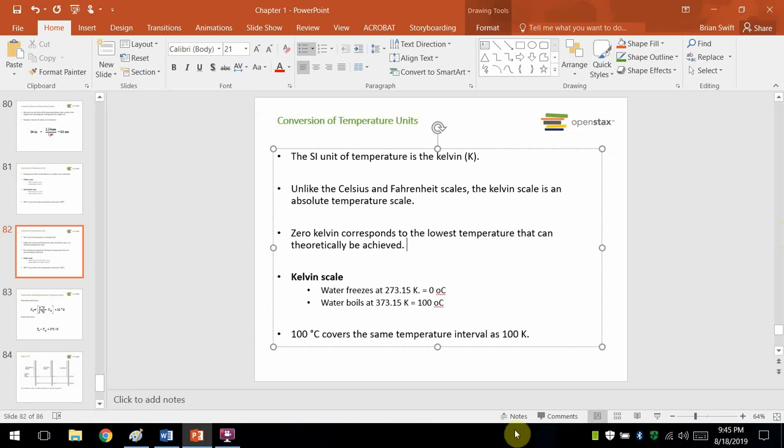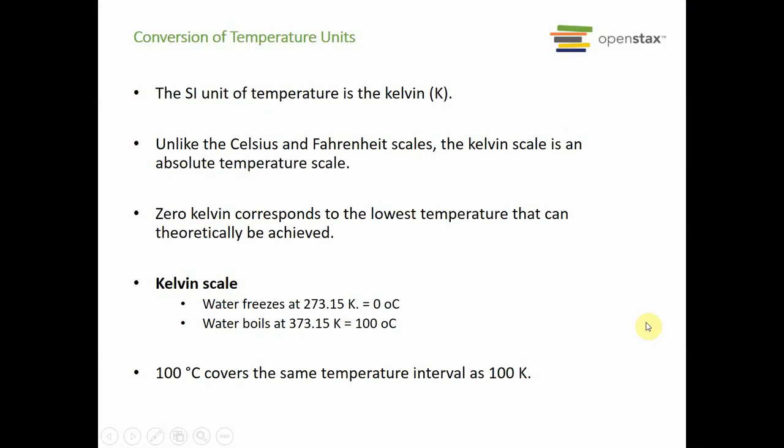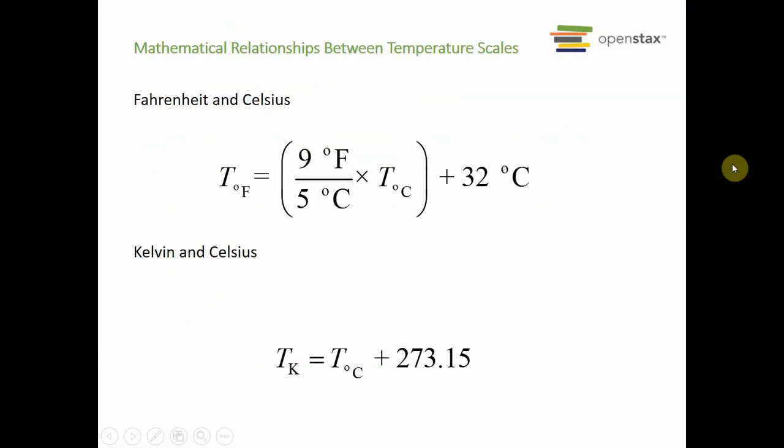All right, so let's go back to this. Boom. Okay. I need to have a supplemental lecture on this, but this is how you convert from Fahrenheit to Celsius and from Celsius to Fahrenheit. Oh, I'm sorry. This is Fahrenheit to Celsius, and this is from Kelvin to Celsius.